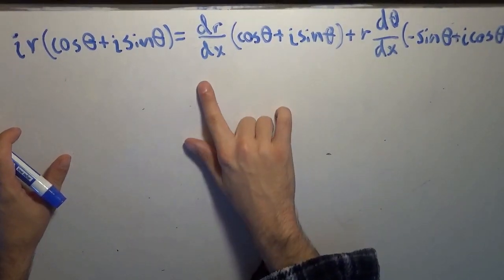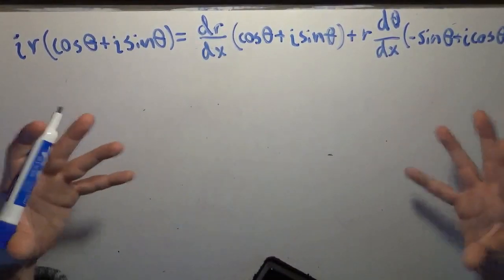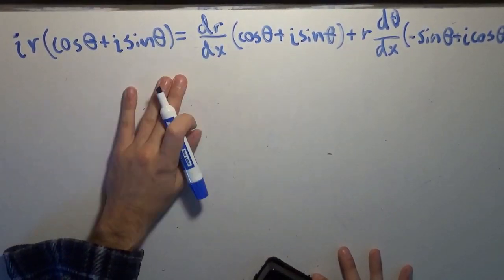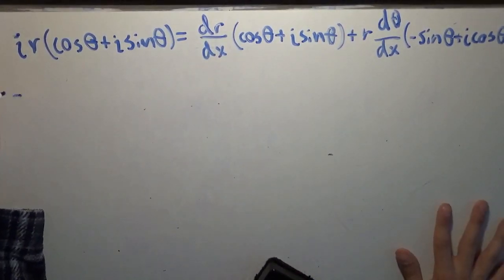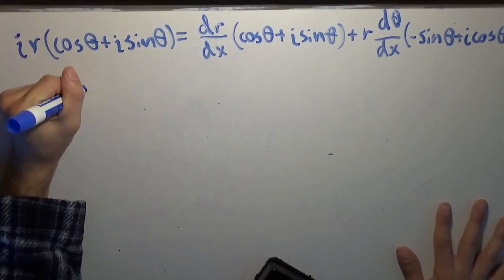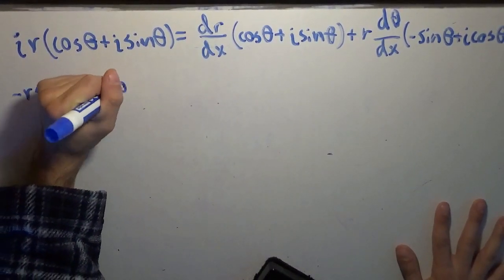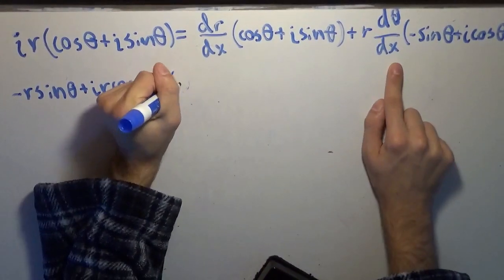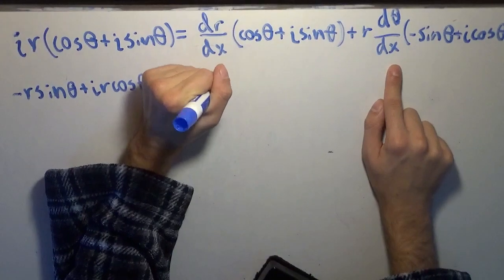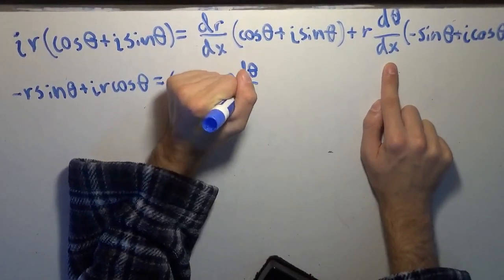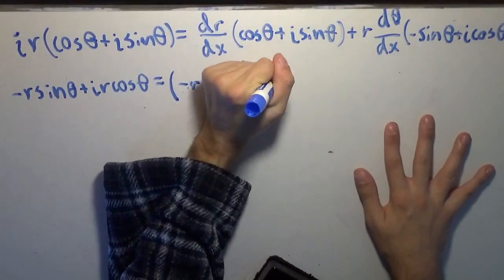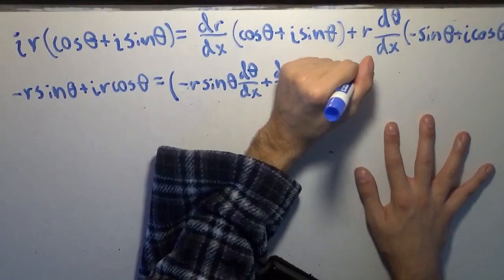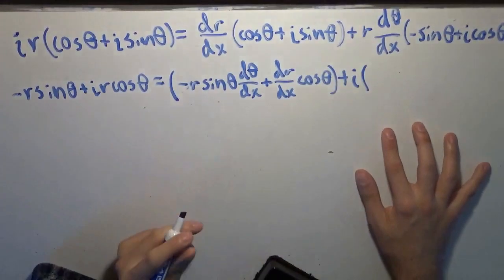And now what we're simply going to do is distribute the terms in, collect all of the real parts together, and collect all the imaginary parts together. So if I distribute this ir into this, we'll end up with negative r sine theta plus ir cosine theta. And if I collect all the real parts of this, I'll end up with negative r sine theta times d theta/dx plus dr/dx times cosine of theta, plus i times, now what are all the imaginary parts?